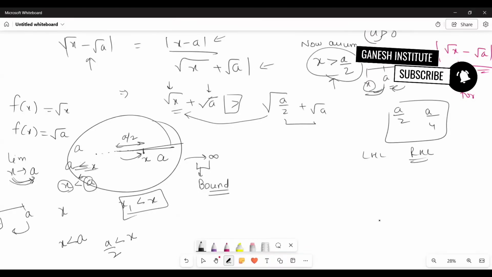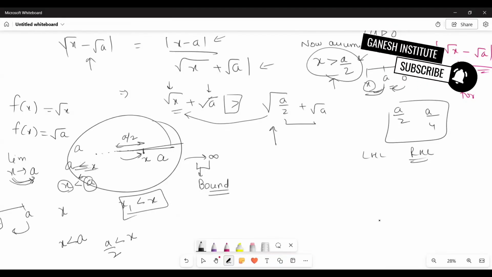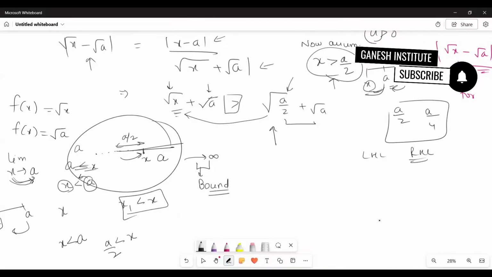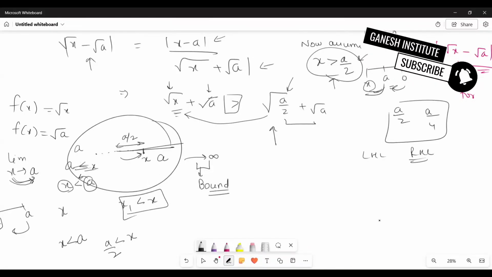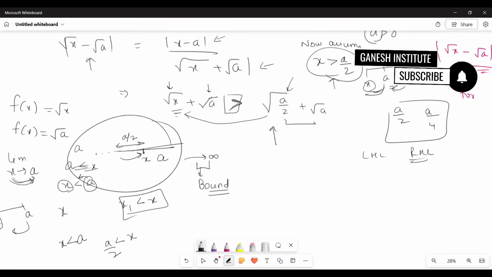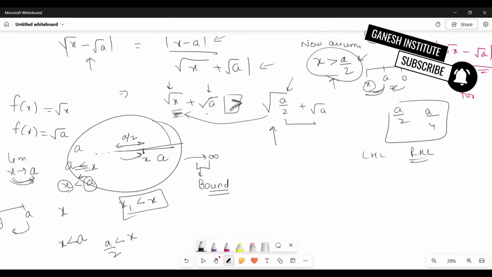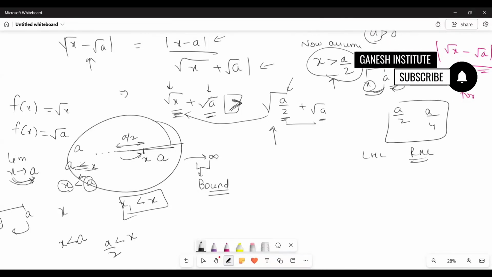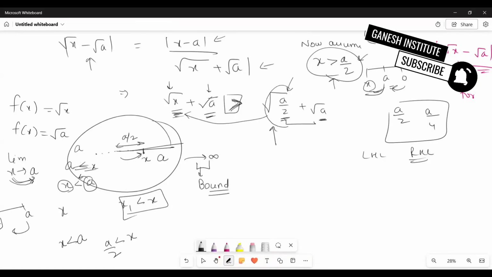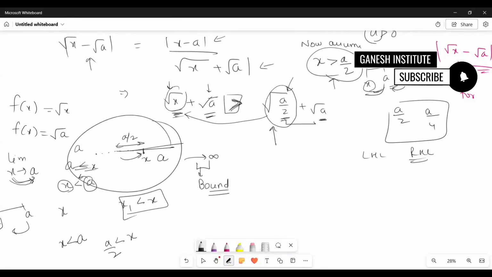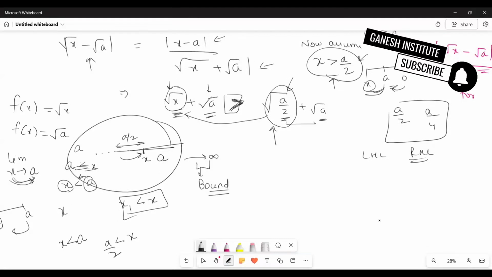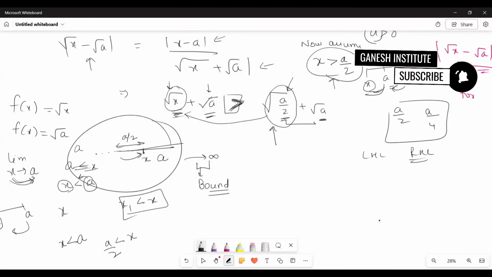Okay. So now, if you have assumed that x is greater than a by 2, you can simply substitute the value here. In place of root x, you have root a by 2 because you are using this sign. You have kept everything same. Only if you substitute the lesser value in place of x, then only you are getting greater than inequality, right?